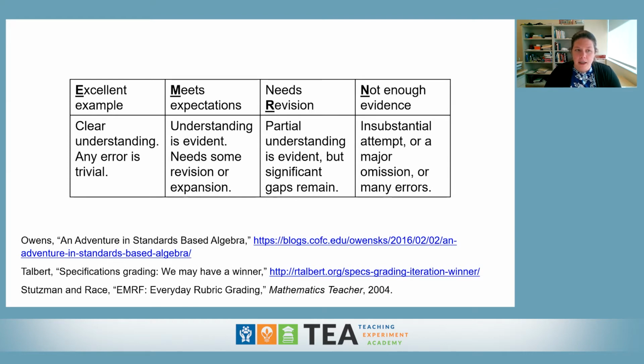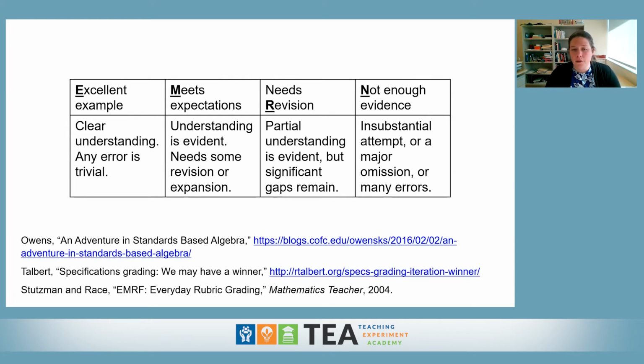E would be excellent, a near perfect solution with only trivial errors. M is meets expectations: the solution shows that the student understands the concept, but there is something that needs to be fixed or expanded on. So E and M correspond to passing.